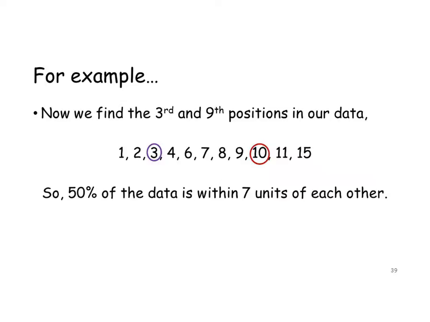In other words, if we look at the difference between one number and another, for example, between 4 and 7, then we have a difference of 3. That's within 7 units. Between, say, 4 and 9, that's a difference of 5. That's within 7 units. Between 8 and 9 is 1. That's within 7 units. 50% of the data is within 7 units of each other.